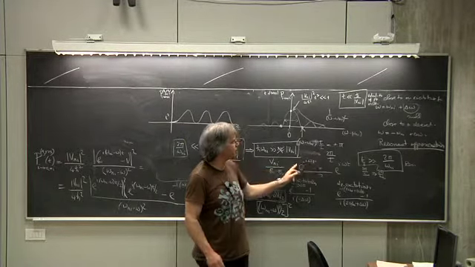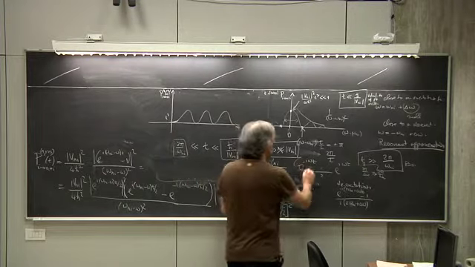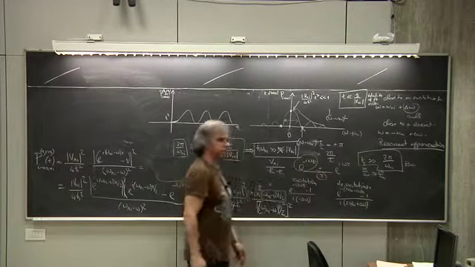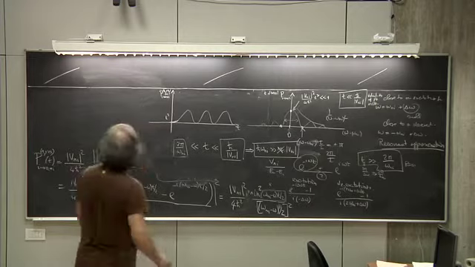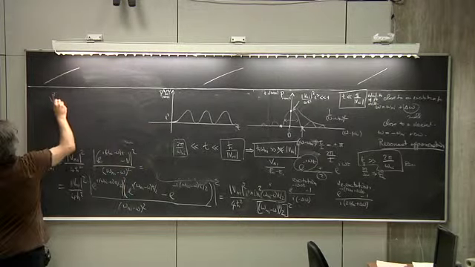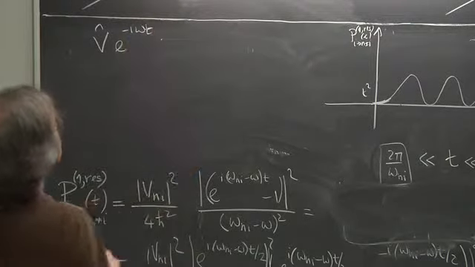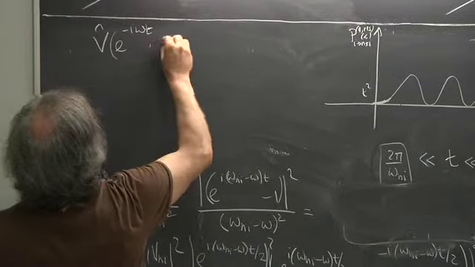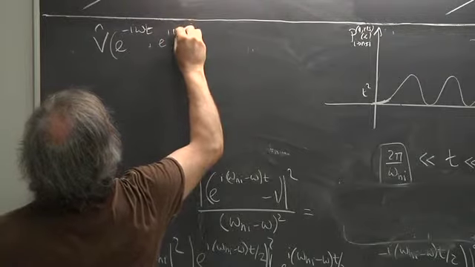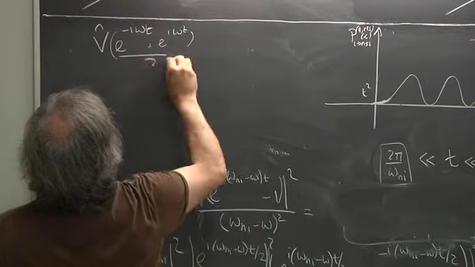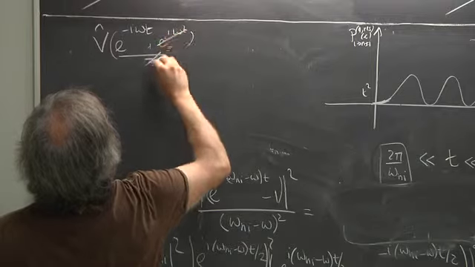I just keep this. But also, I forget about the factor 2. In other words, my perturbation now will be V times e to the minus i omega t. You see the difference? Before I had the cosine, so something like this. Now I dropped this and that.